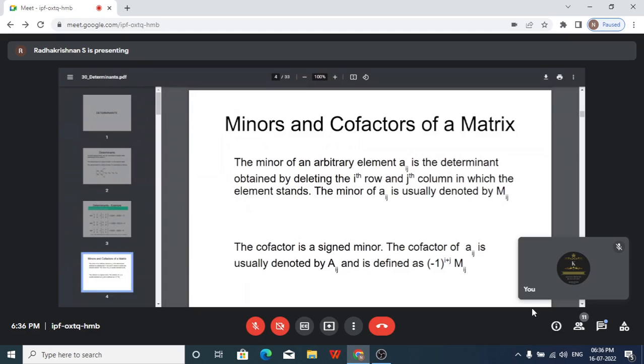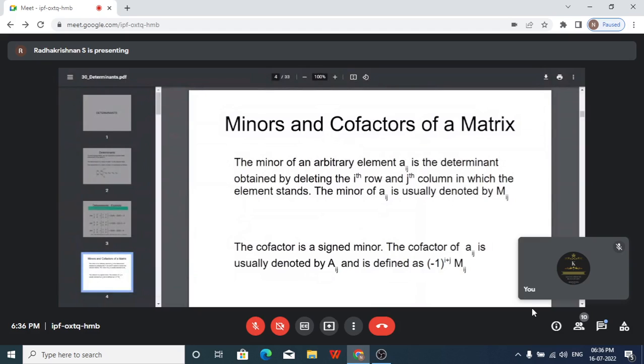So if we take the element aij, for its minor we have to delete the ith row and jth column. So it reduces to a determinant of one order lower. So that determinant value is what we call the minor. Okay, cofactor is a signed minor.